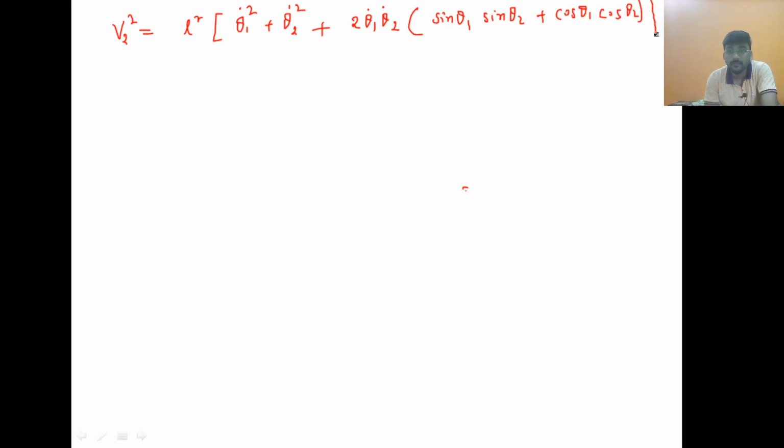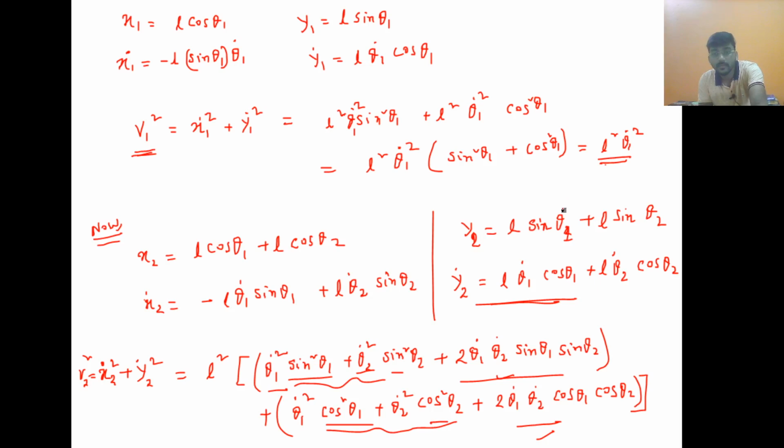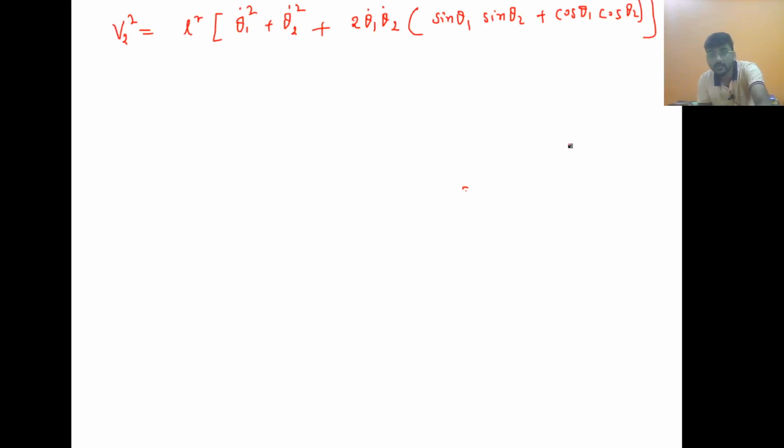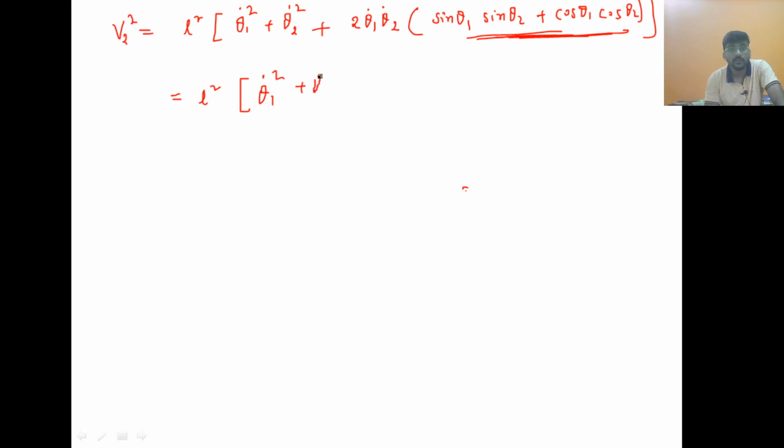Okay, this will be the result. Yes, so this is nothing but cos of theta 1 minus theta 2. This is the formula of cos a minus b. Okay, so it will be L square into theta 1 dot square plus theta 2 dot square plus 2 theta 1 dot into theta 2 dot into cos theta 1 minus theta 2.